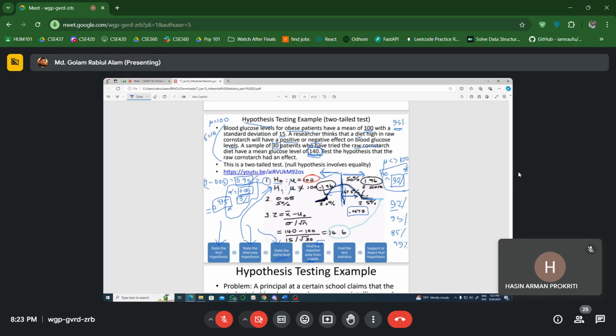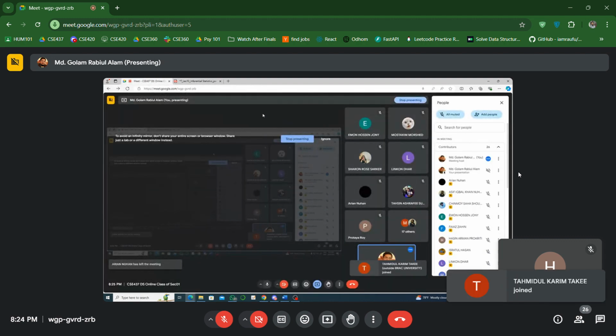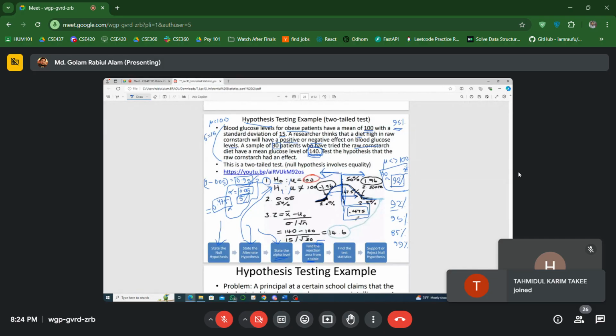But now we have to find the rejection zone from the Z table, and for that we will use this value, 0.475. The Z table, as we already considered, must be two-tailed, that means in less than and greater than.